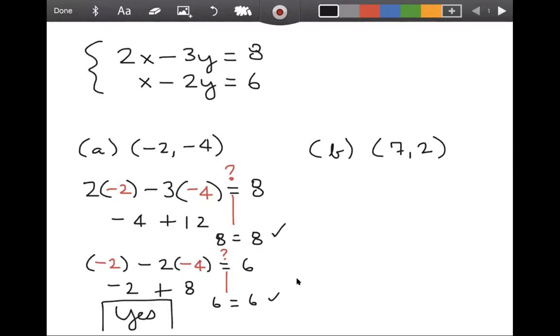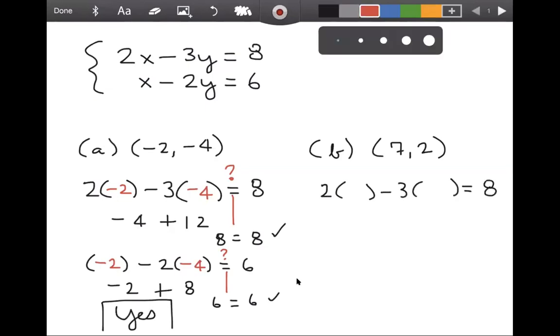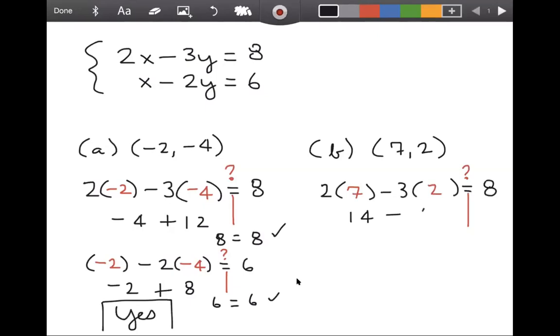All right, so let's try 7, 2, starting with 2x minus 3y equals 8. I'll put in 7 for x and 2 for y, question mark. That gives me 14 minus 6, which is 8.